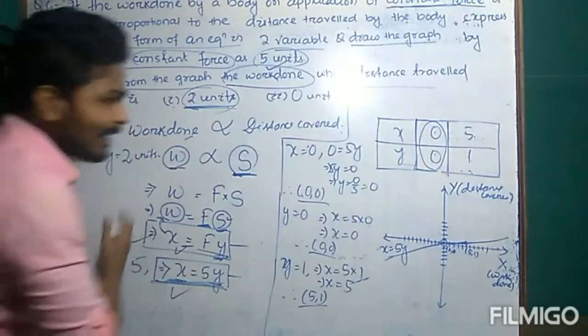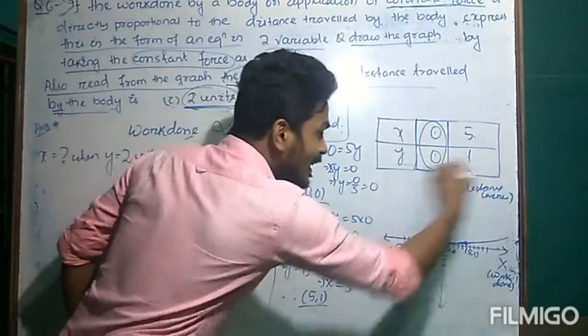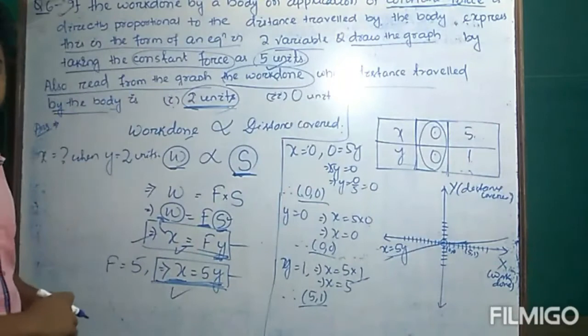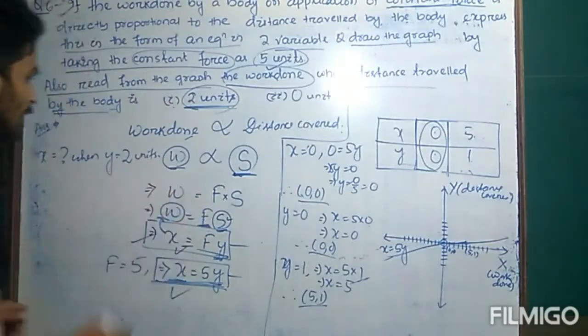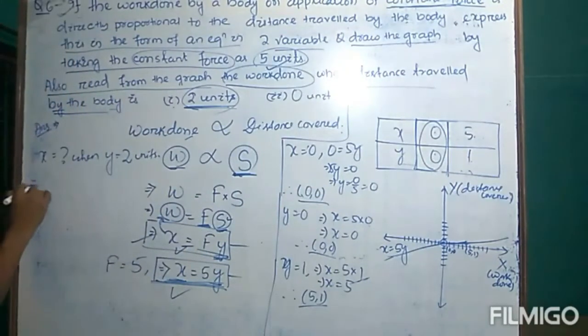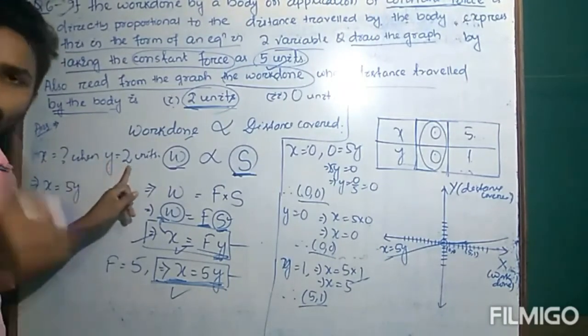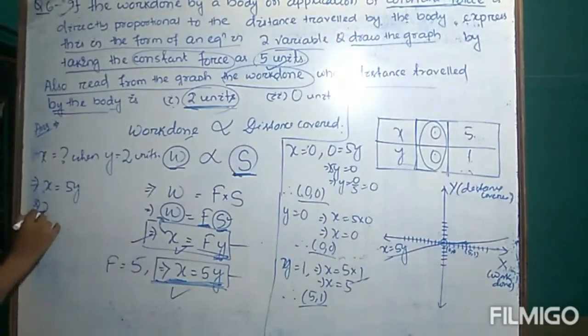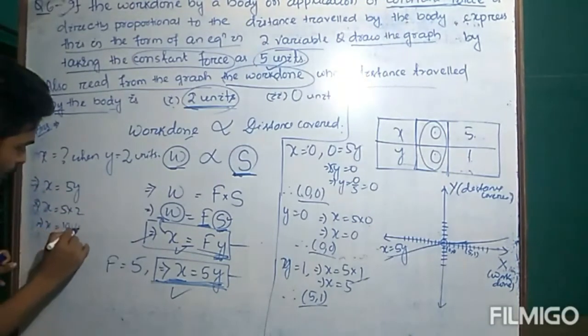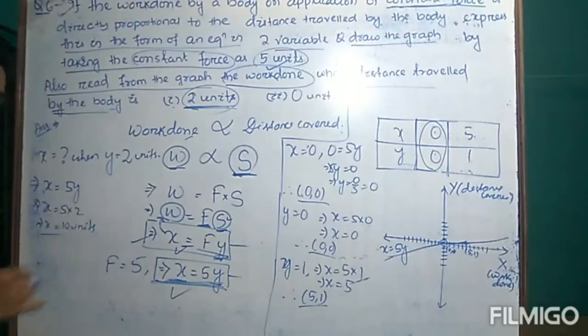But you have to find the value of x from this graph, not from this equation. But if you want, you can find it out. If the original equation is x is equal to 5y, you put y to be 2 in the equation. So x is equal to 5 into 2, that is x is equal to 10. So from the equation you can easily find out the value of x.